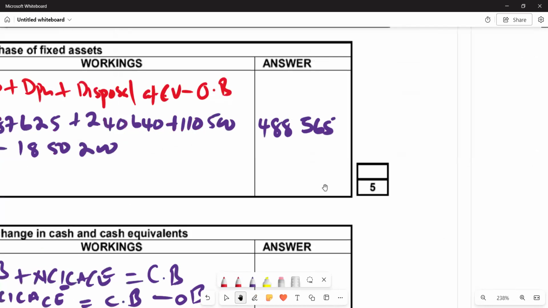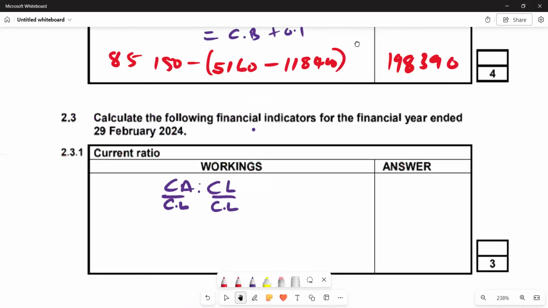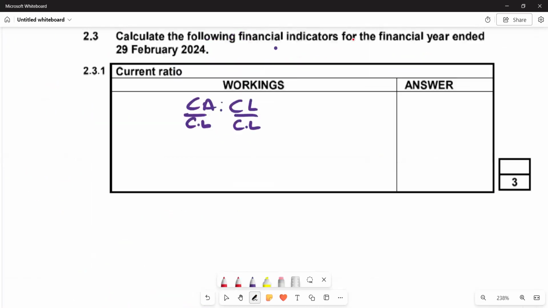So we come here. So our current assets, we are saying we are having 1,085,765 as to our current liabilities 728,190.